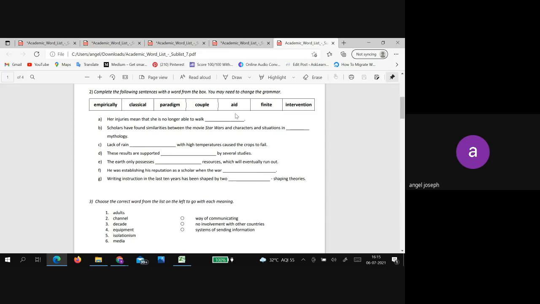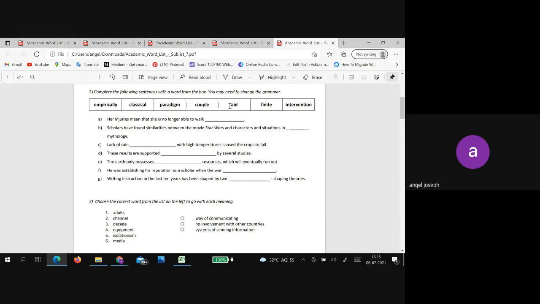Aid is a very good word for help. If you want to improve your vocabulary, you can use aid in place of help. He helped me. He aided me. The company has helped us with a medical insurance policy. The company has aided us with a medical insurance policy. Aid means help.